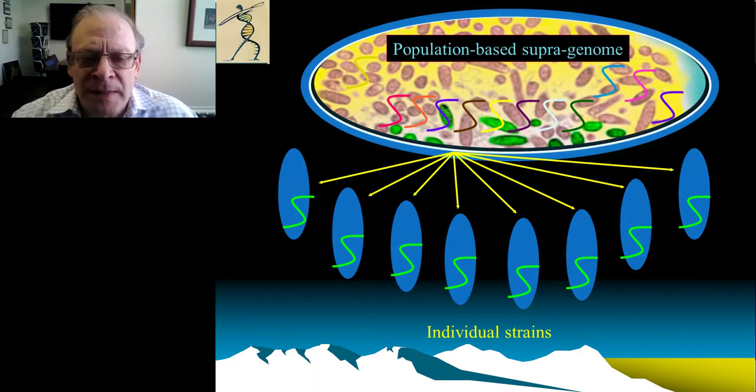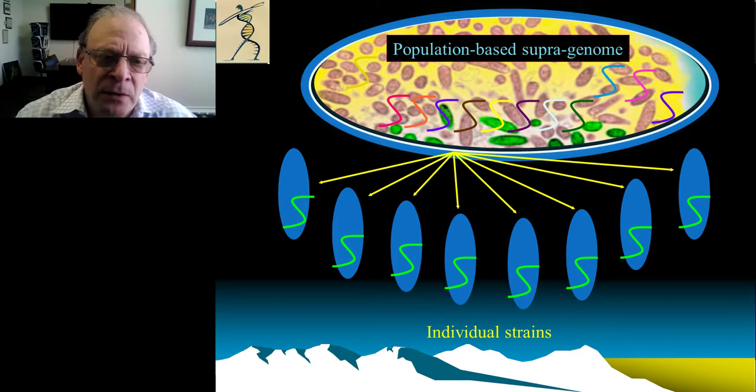On this next slide is a cartoon of how we view a population-based supergenome or pangenome.